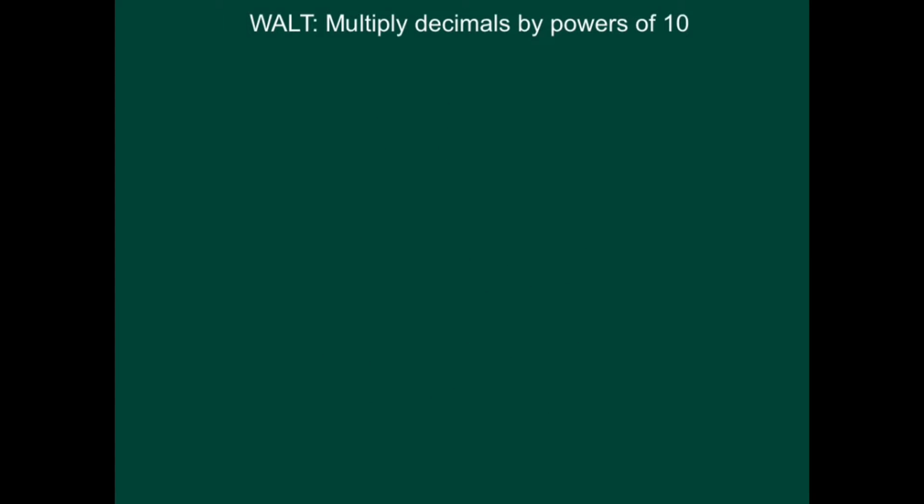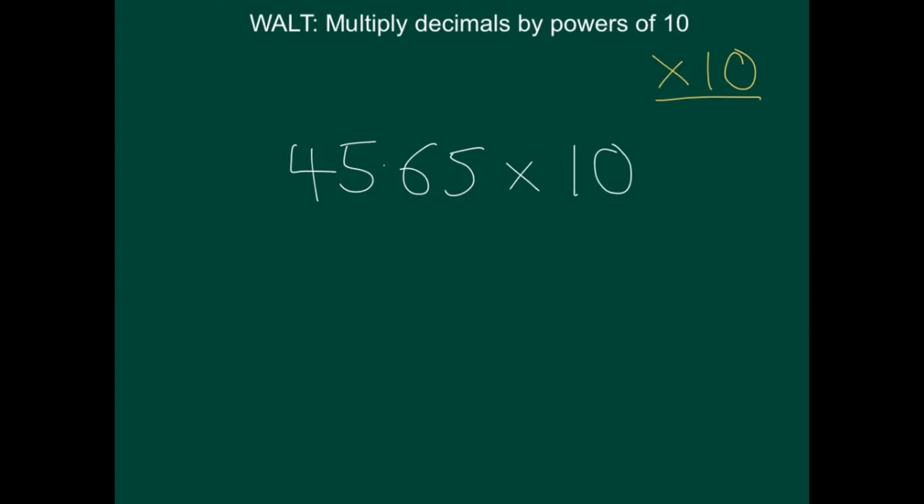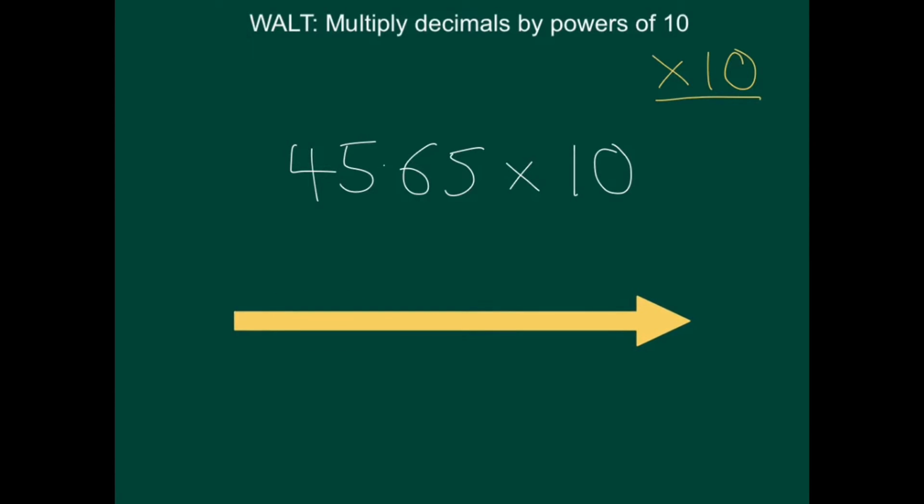Okay, first of all, let's start with multiplying decimals by 10 first. And we're going to start with the number 45.65 times 10. Okay, first of all, whenever we're multiplying, our decimals are always going to move to the right. So they're always going to go this way. Now in the number 10 that we're multiplying by, there's only one zero.